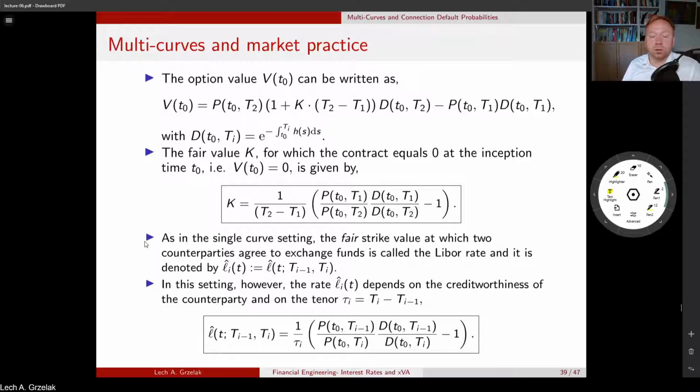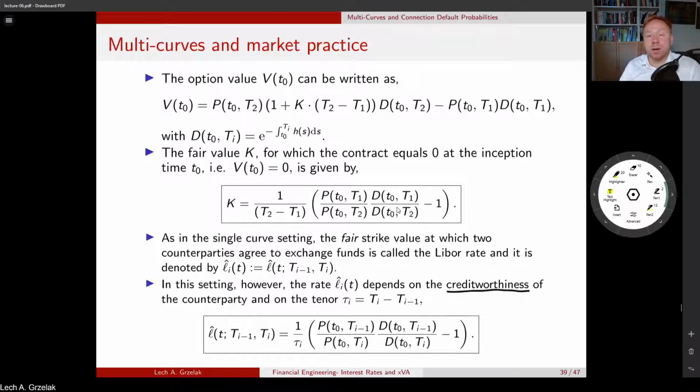As in the single curve setting, the strike value at which two counterparties agree to exchange funds is called LIBOR rate. So you see this resembles exactly what we had before for the LIBOR rate. Of course, now we have a slightly different definition, because now our LIBOR depends on this creditworthiness. So this D, because we include this probability of default, is included in LIBOR.